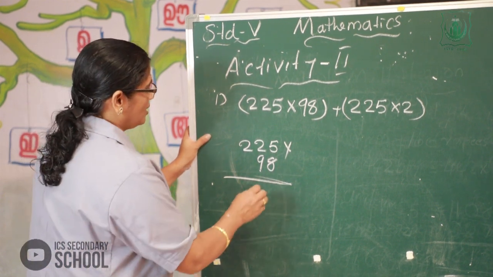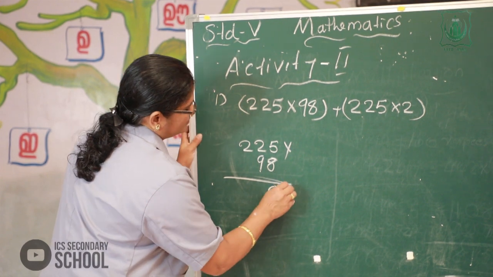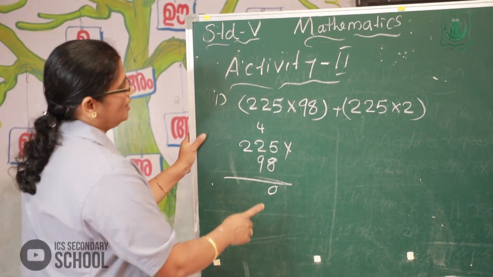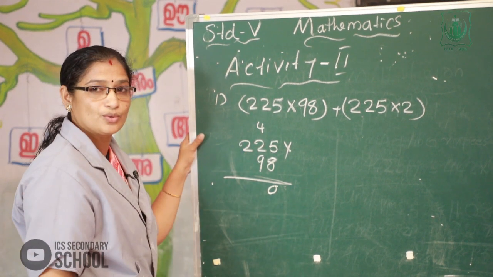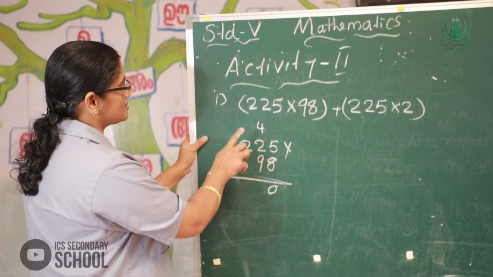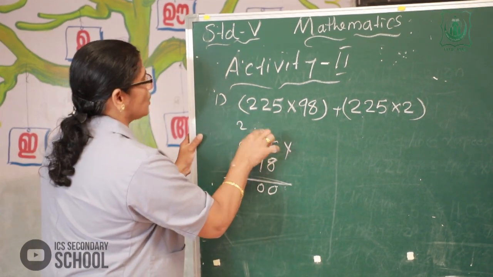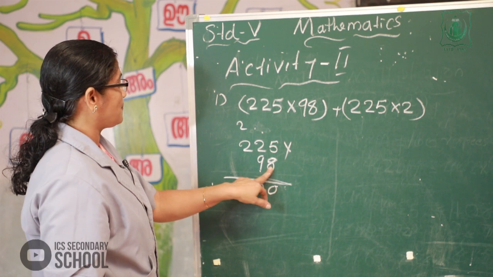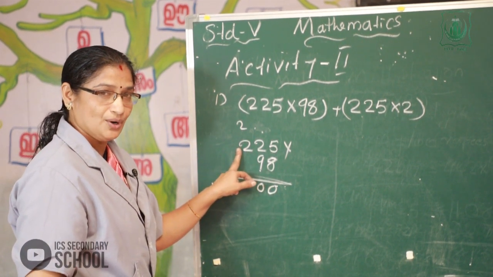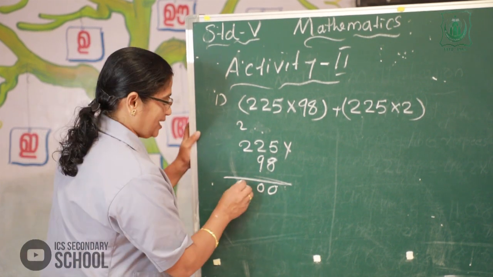Multiply this number. 8 into 5, 40, 4 balance. 8 into 2, 16. 16 plus 4, 20. Balance 2. 8 into 2, 16. 16 plus 2, 18.